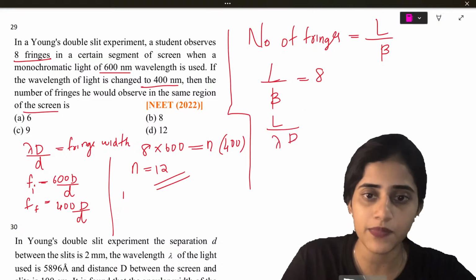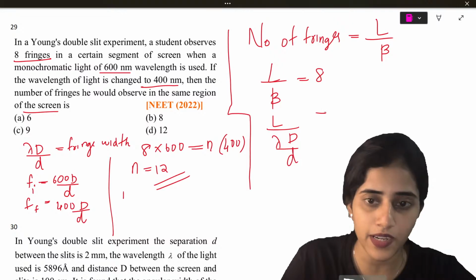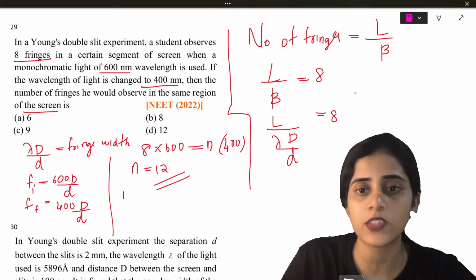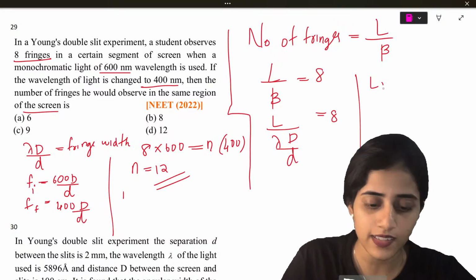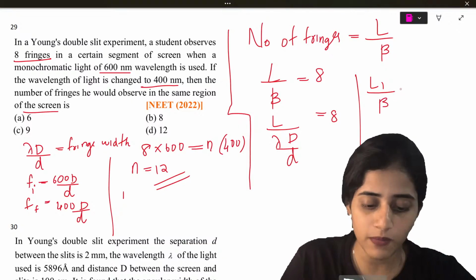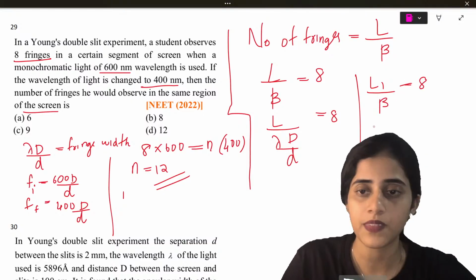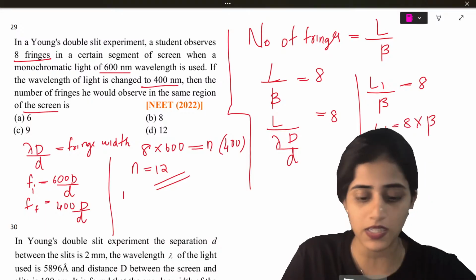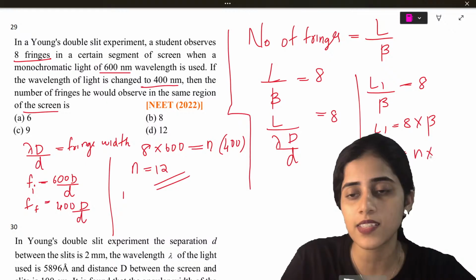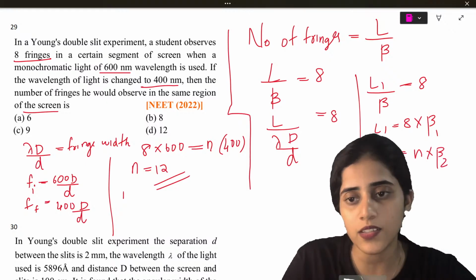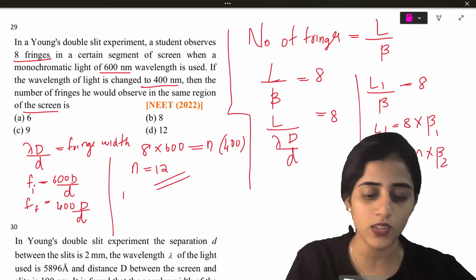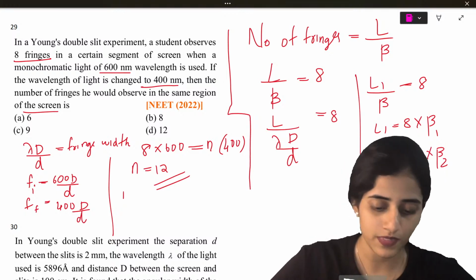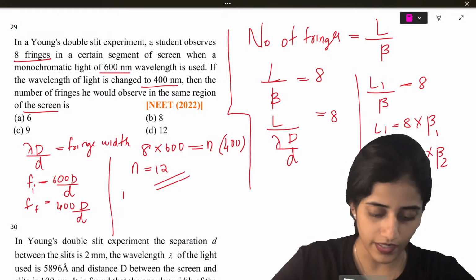It is lambda D by d. So L1 by beta is equal to 8, so L1 is 8 into beta. Similarly, L2 is n into beta. Then you just equate the two. That's all. Are you all with me?